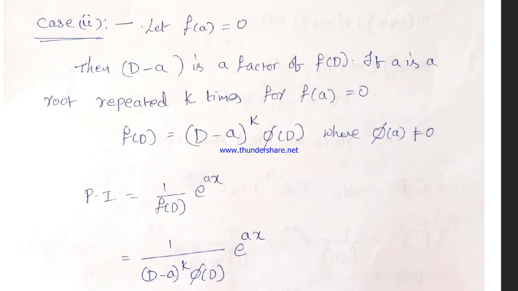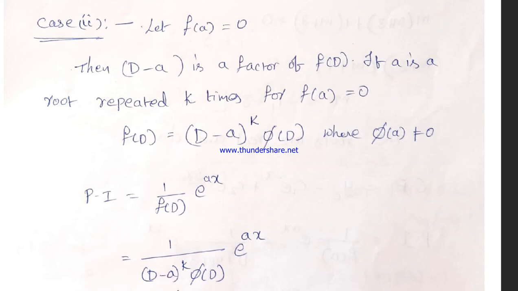So we can write f of D equal to D minus a whole power k into phi of D, where phi of a is not equal to 0. The particular integral standard form is 1 by f of D into e power ax. F of a equal to 0, then you can write 1 by D minus a whole power k into phi of D.